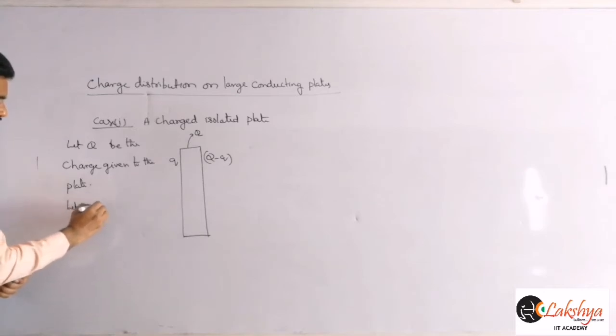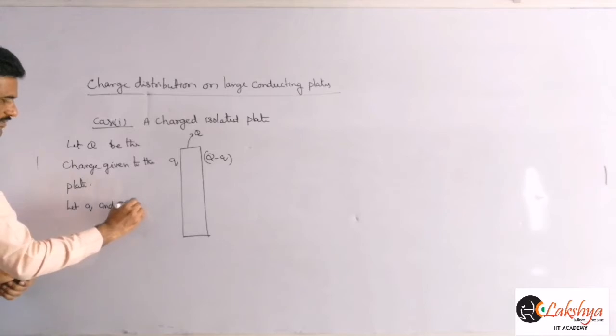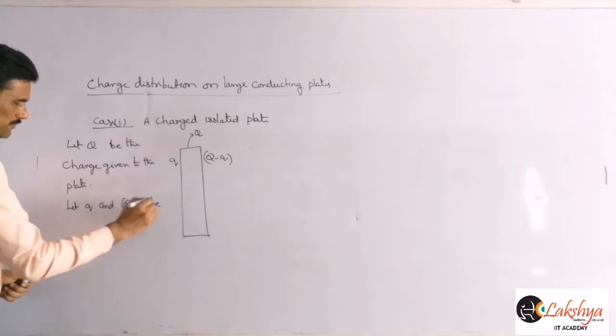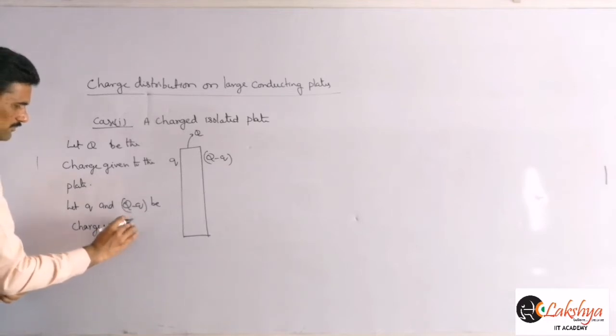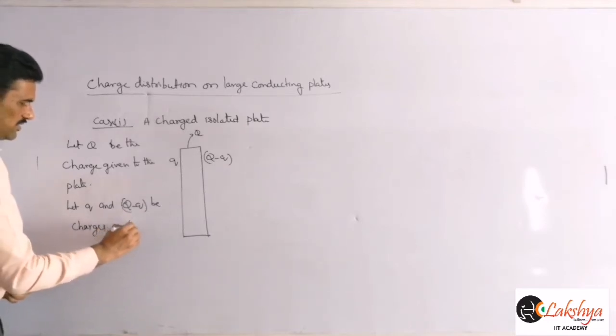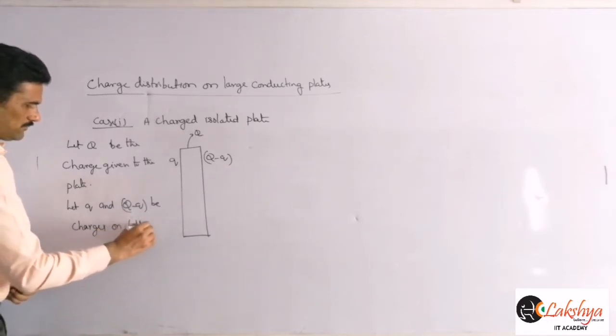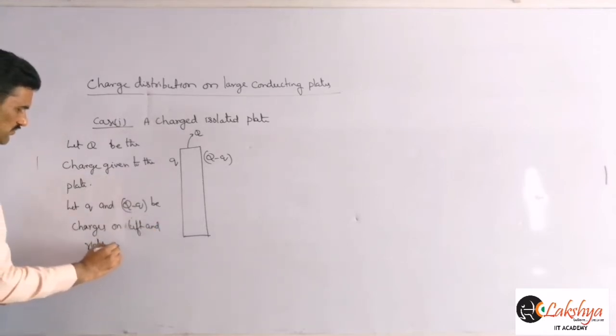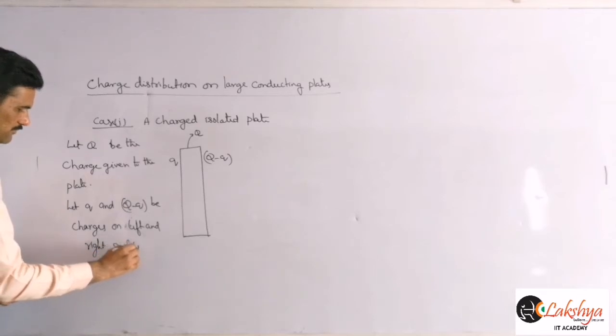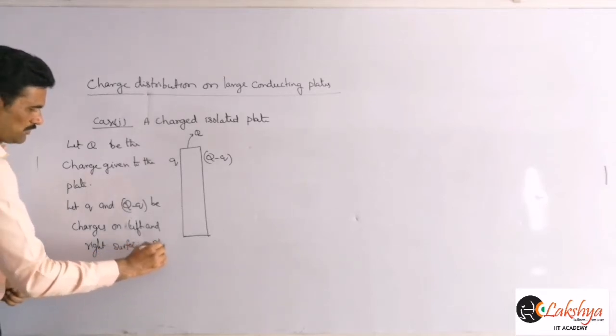So let q and Q minus q be the charges on the left and right surfaces, as shown.